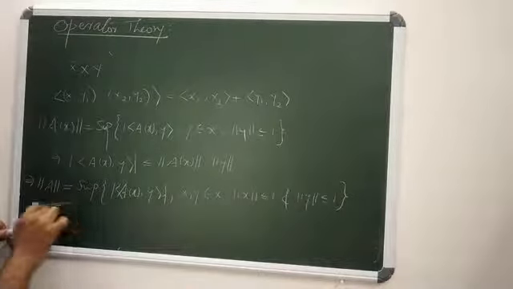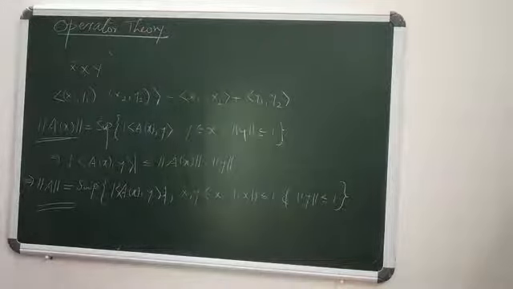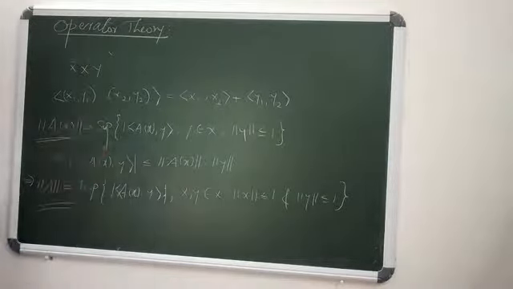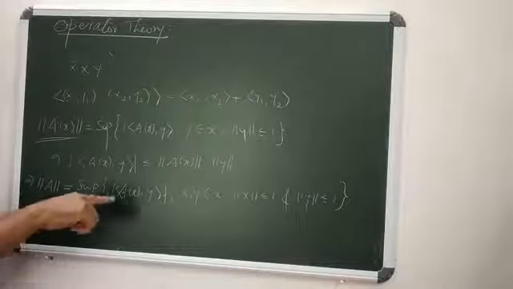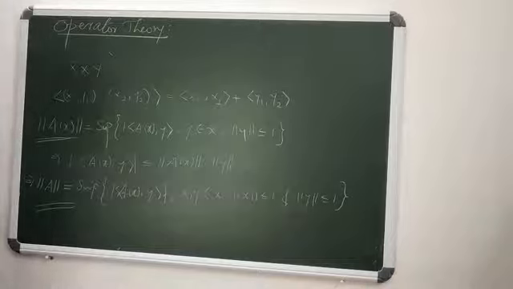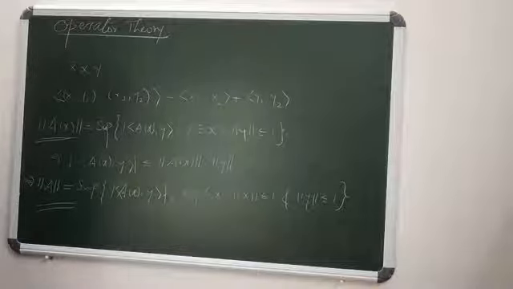So these are the two important results: norm Ax equals the supremum of the modulus of inner product Ax, y for all y in X with norm y less than or equal to 1, and norm A equals the supremum of the modulus of inner product Ax, y for all x, y in X with norm x less than or equal to 1 and norm y less than or equal to 1. Agreed.